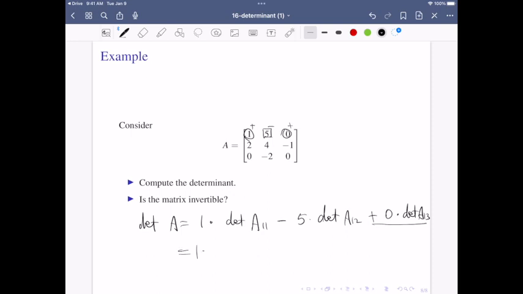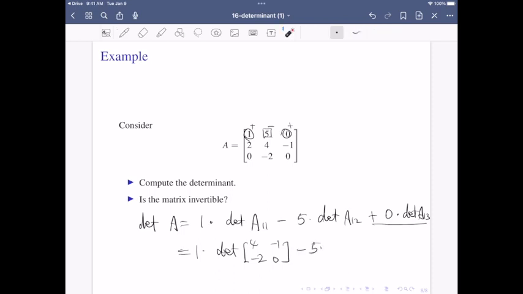The first part is the determinant of A11. If I delete the first row and first column, the remaining 4 numbers give me a 2x2 matrix: 4, negative 1, negative 2, 0.